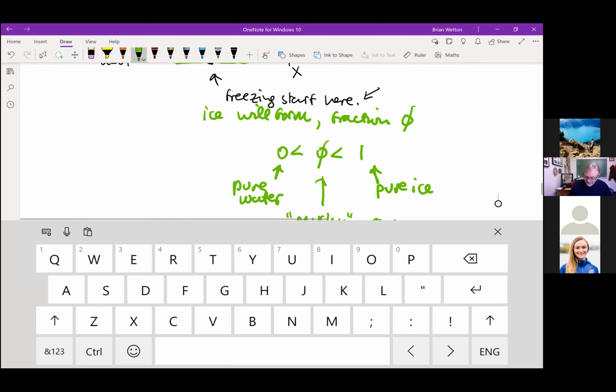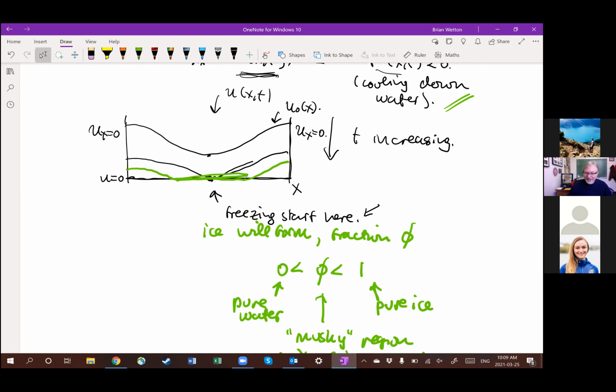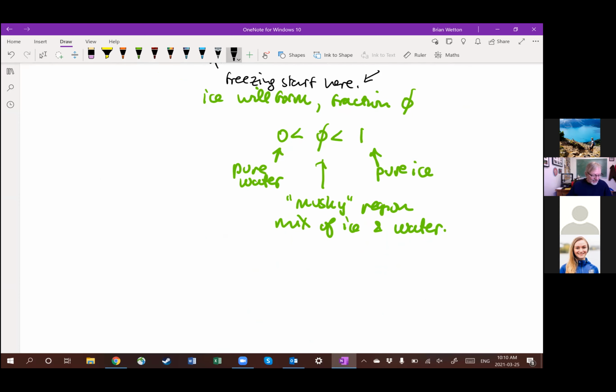Okay. So there's no Stefan problem here anymore, because there's no sharp interface between pure ice and pure water. There's this kind of thing in here which mixes things up. And let's look and see what's happening in there.